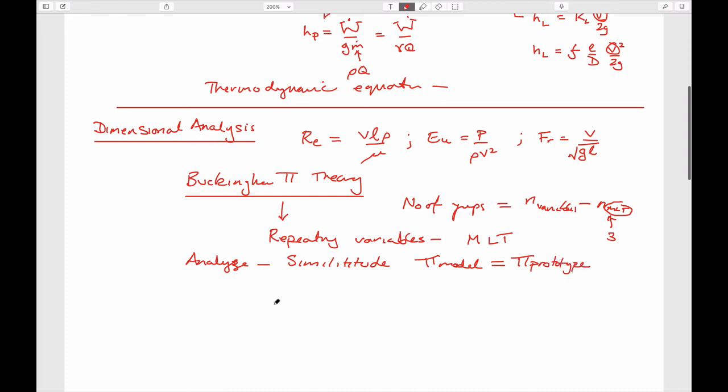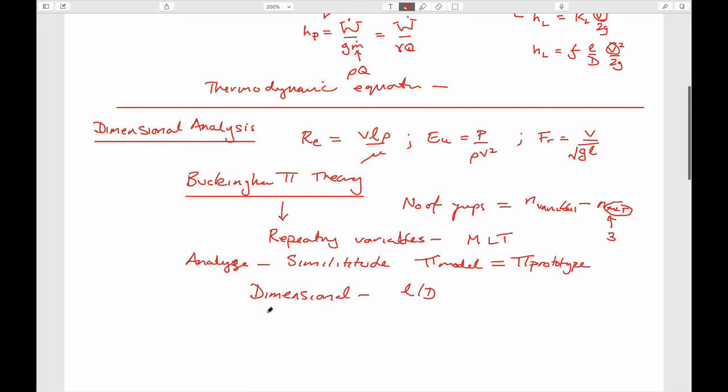So that's true. And the similitude we want to ensure is that it is dimensional. So in other words, say length to diameter ratios of the two are equivalent to each other.